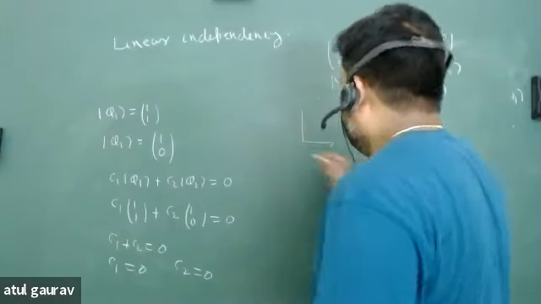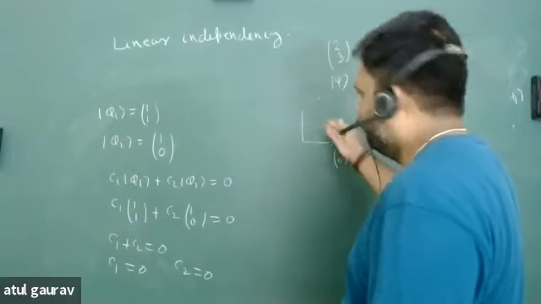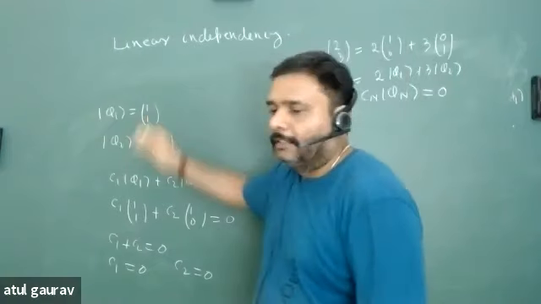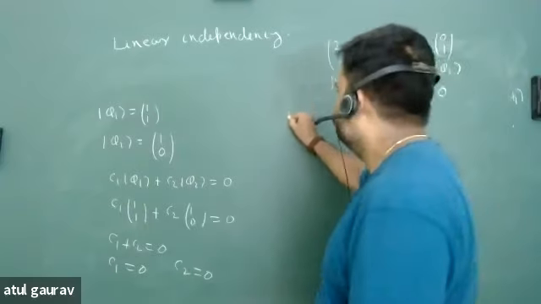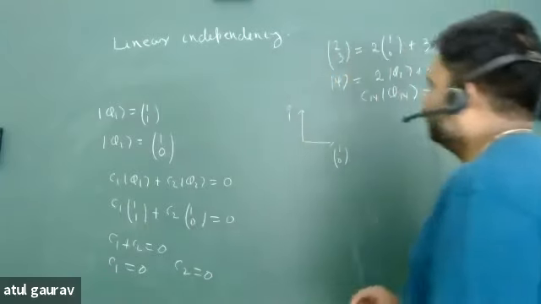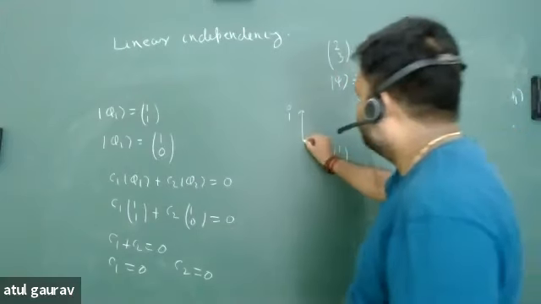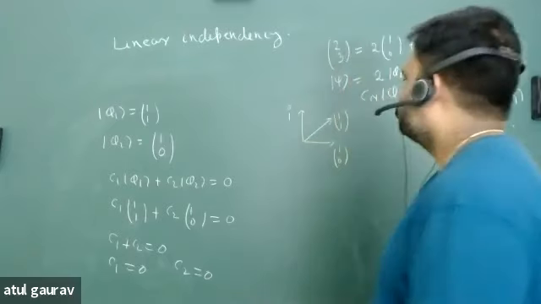First vector I have taken, the first example I have taken is 1 0. I have taken two-dimensional vectors because they are in a plane. So this is 1 0 and this is 0 1. In the second problem, what I have taken is this vector, that is 1 1.